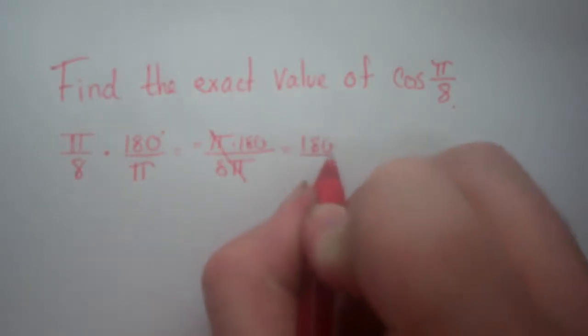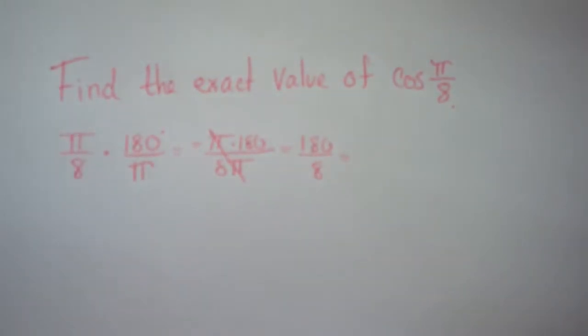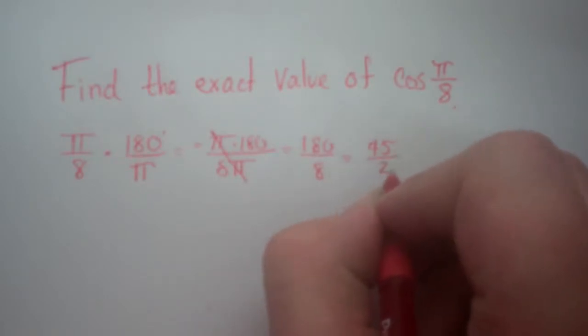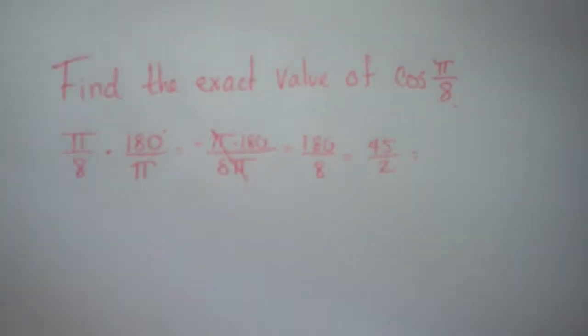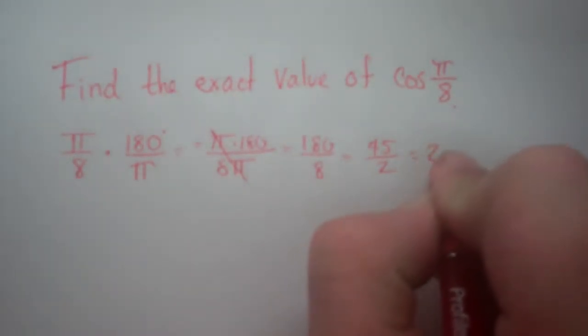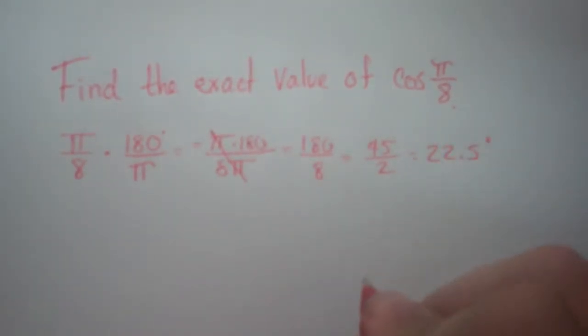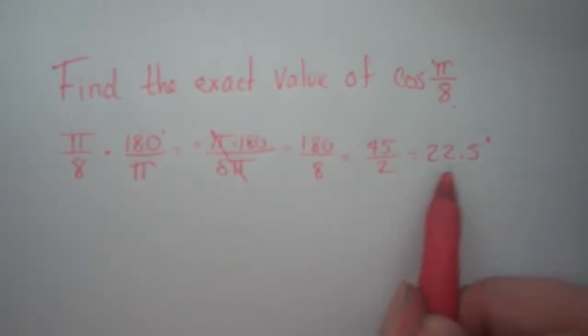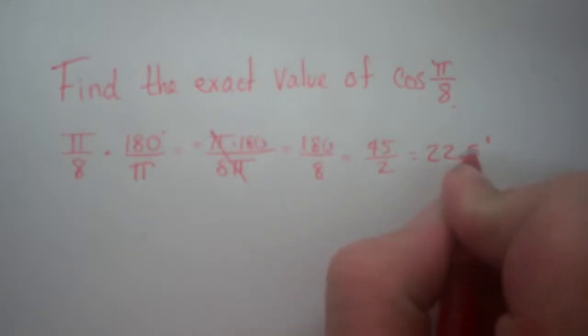We end up with 180 over 8. And 180 over 8 reduces down to 45 over 2, which as a decimal becomes 22.5. So this is 22.5 degrees right there. Pi over 8 is the same thing as 22.5 degrees.